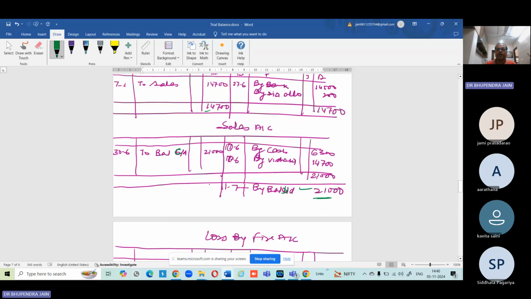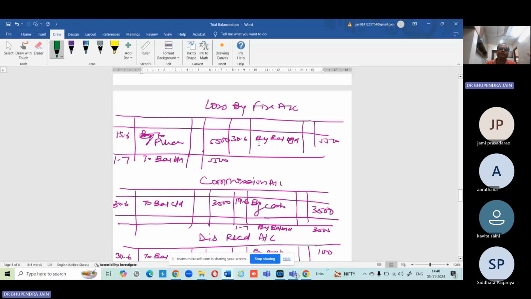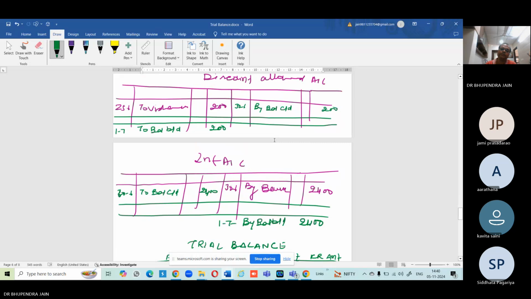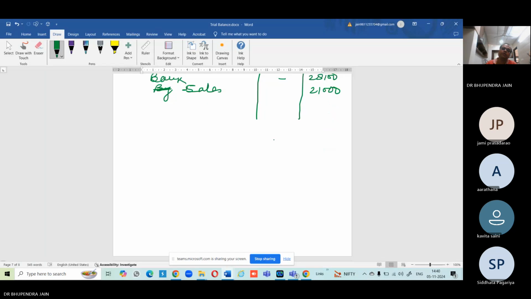Done. Now the loss by fire account. The balance is debit 5,500. Loss by fire, 5,500.